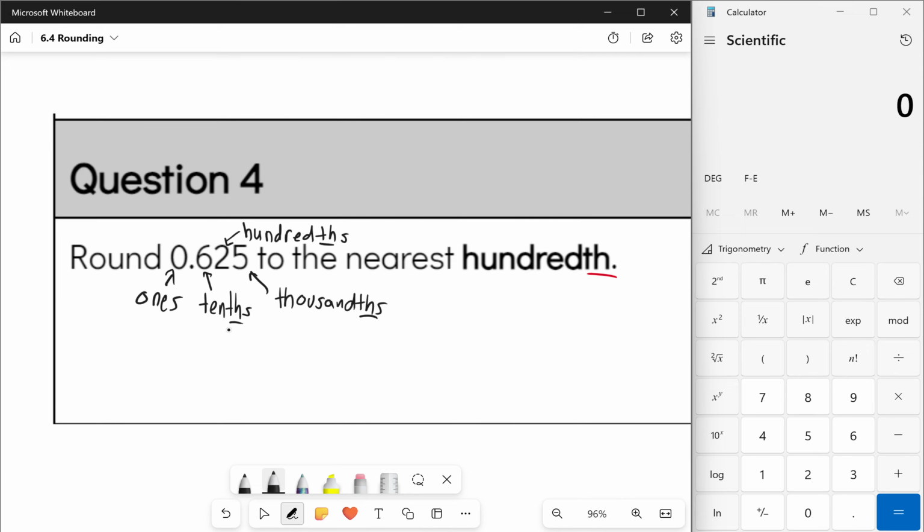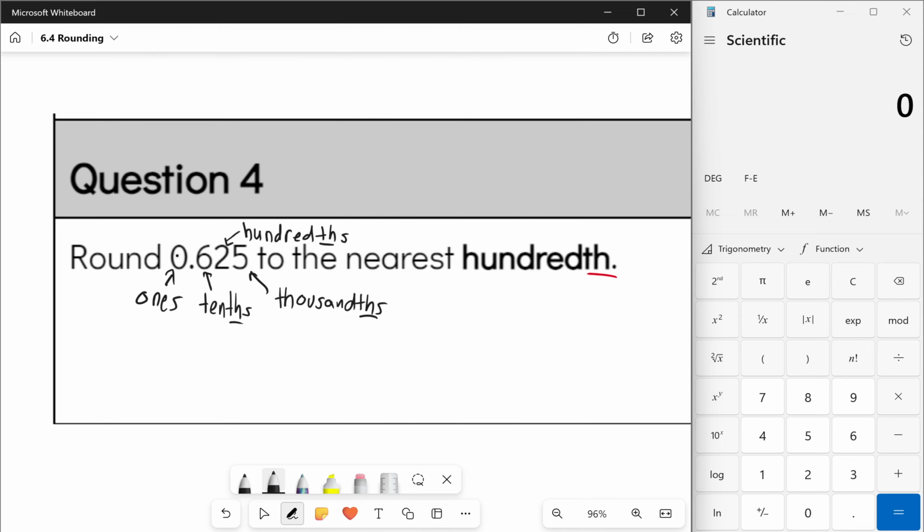Thousandths. Now these might sound familiar because we know after our ones, if this number continued to the left, we would have our ones, then our tens, then our hundreds, then our thousands, then our 10,000s, and so on and so forth. But to the right of the decimal, it begins with tenths, and then hundredths, and then thousandths, all with this neat little TH.